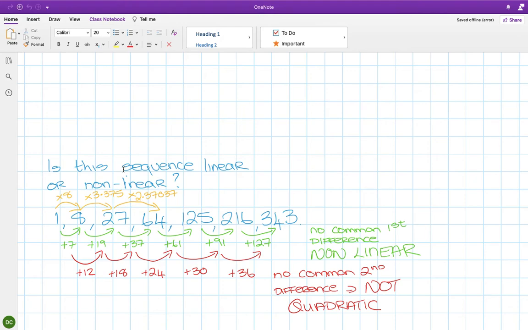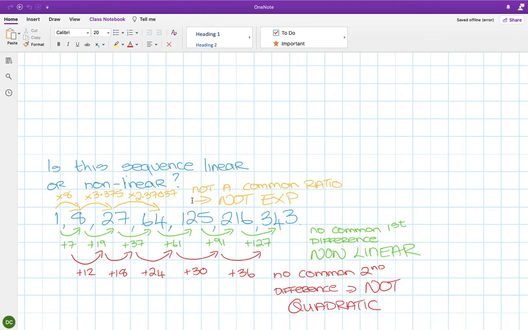Okay? That is not a common, do you remember it was called a common ratio? So we are not multiplying by the same number each time. So that means that it may be nonlinear, but it is not exponential.